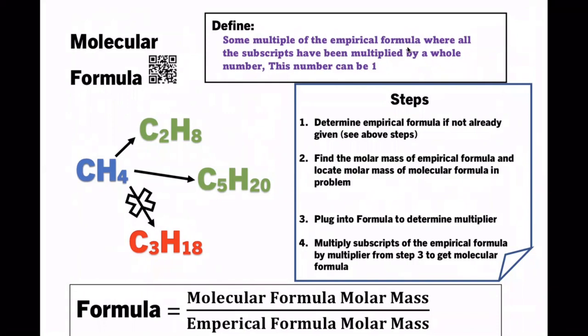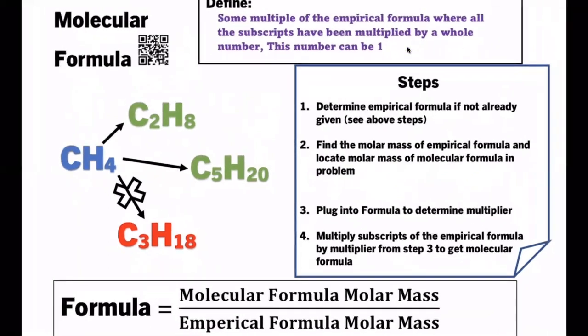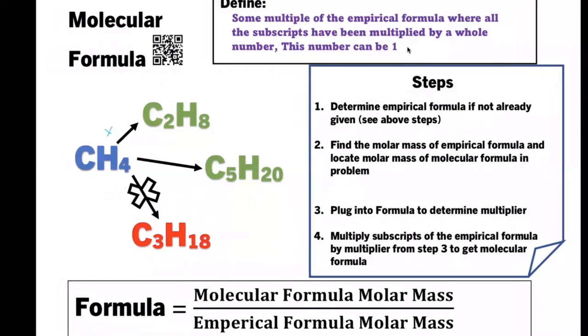So as you can see from some examples here, we have CH4, as we saw in the empirical video, has no ability to reduce. That was what makes it empirical. But if we were to multiply those subscripts by 2, we could get the formula C2H8.